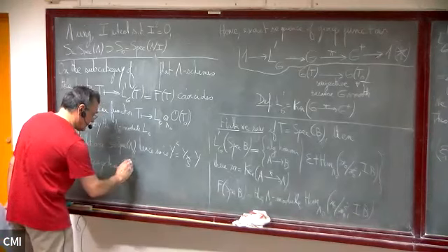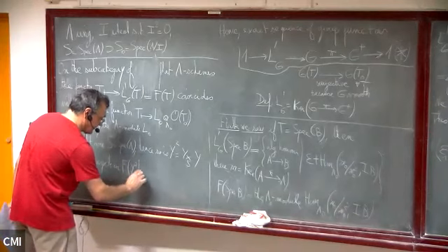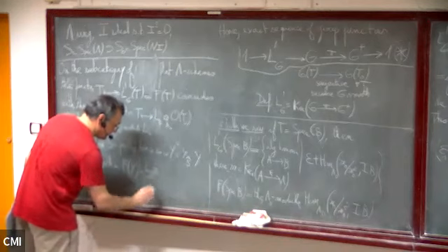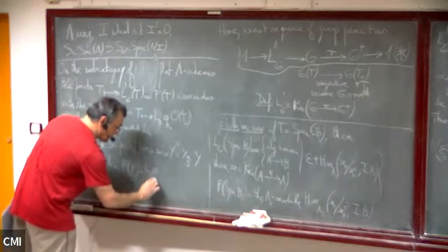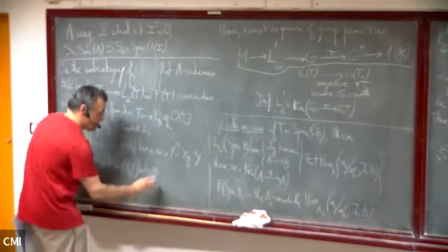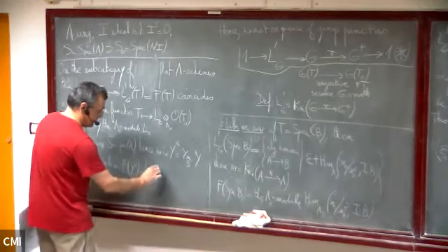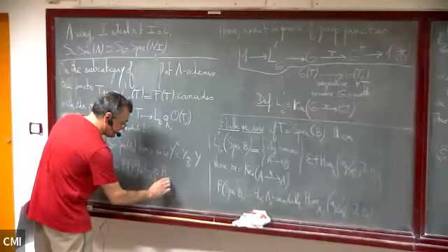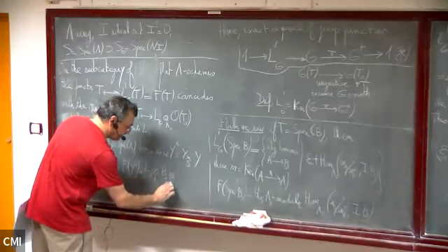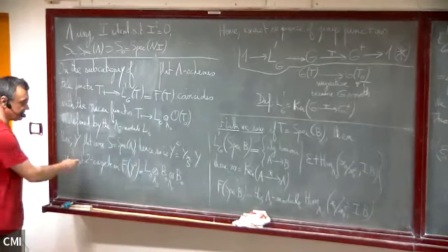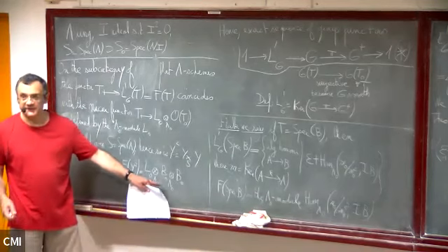So what is this? This is L0 tensored over lambda 0 with the ring of Y, which I call B0. So we get an element in this.